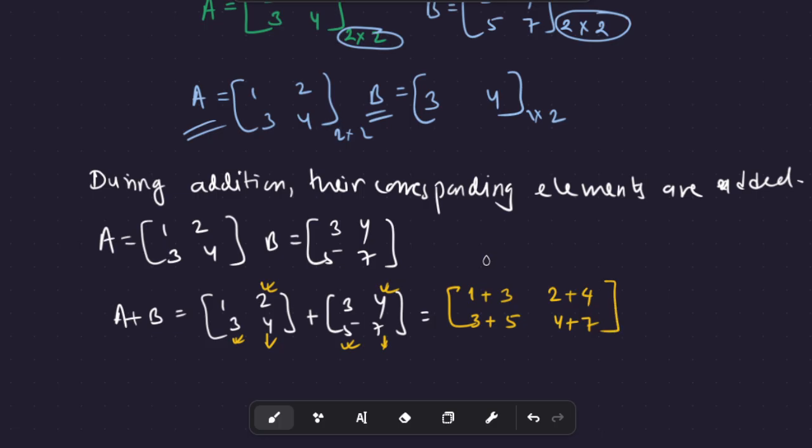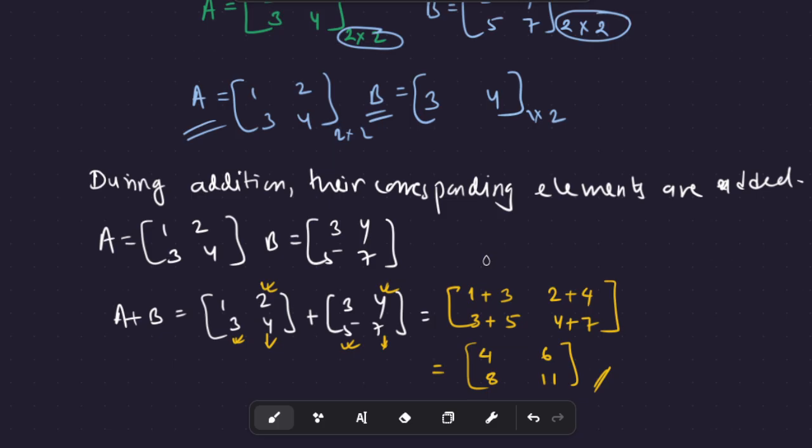Now we get 4, 6, 8, and 11. This is the sum of these two matrices.